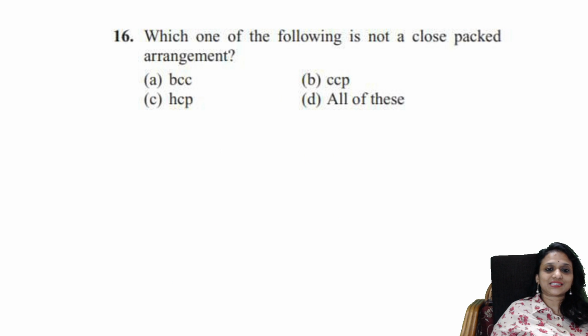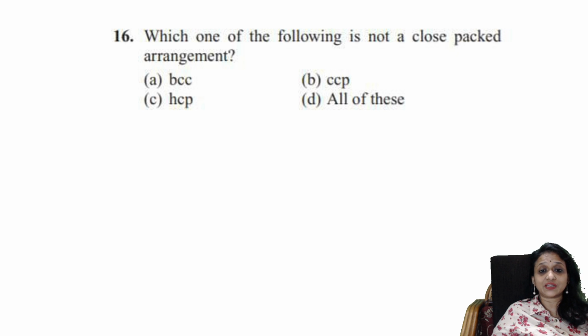Now question number 16. Which of the following is not a close packed arrangement? All right. Fine, fine. So basically students, when I see all the three, you should remember how much is the packing in CCP, how much in HCP, and how much in BCC. So when I see BCC packing, you know it is less. The empty space is more in that.